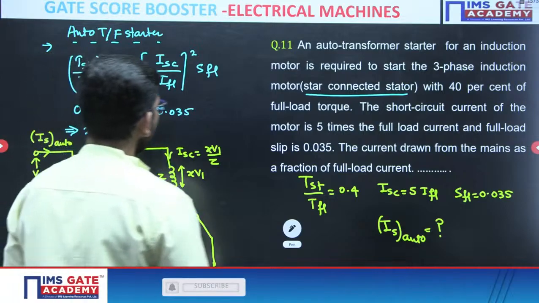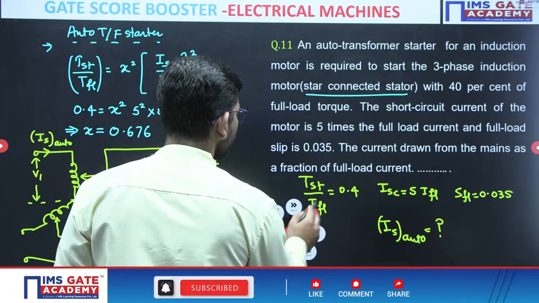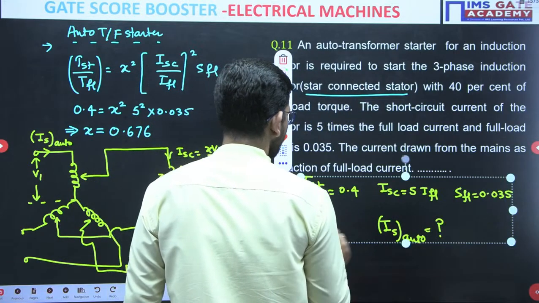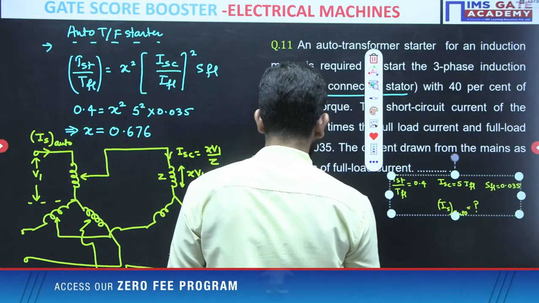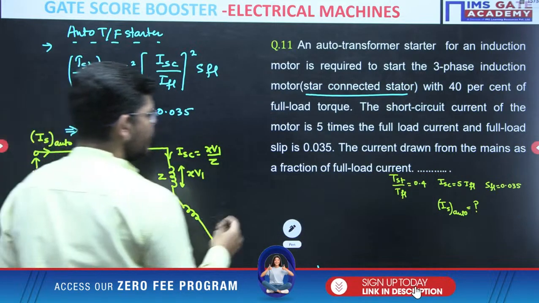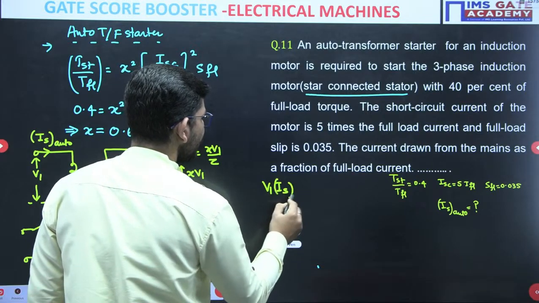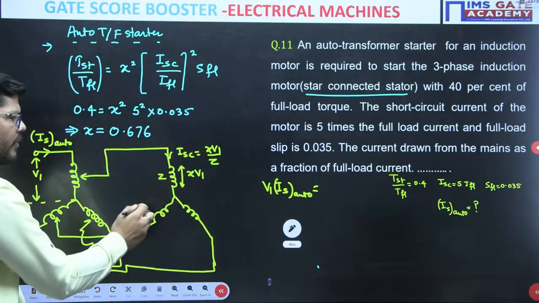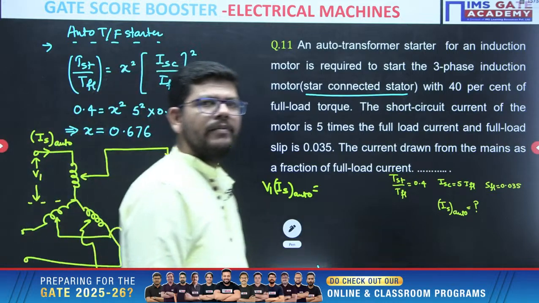Okay, so if you will apply this simple condition that KVA balance, okay, then see what we can get. Okay, so KVA on the auto transformer side will be what? It will be V1 and current is IS auto, right? KVA on this side will be what? What voltage we are receiving here?